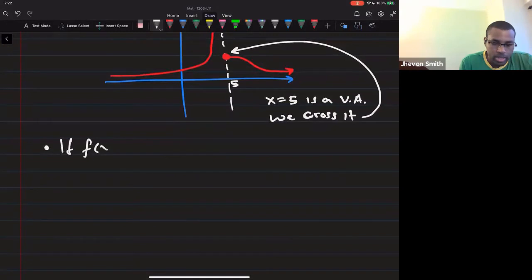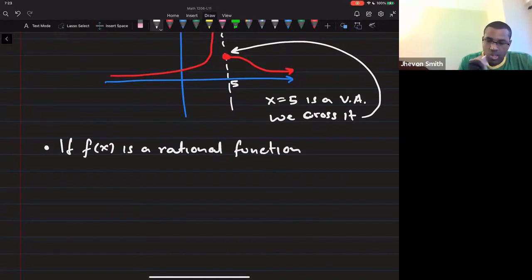Here, if f of x is a rational function, it will not cross its vertical asymptotes.